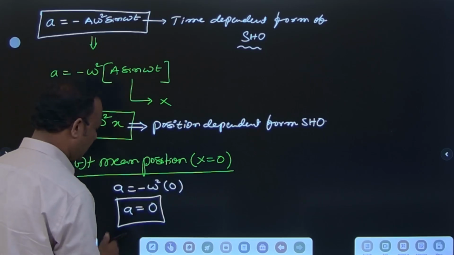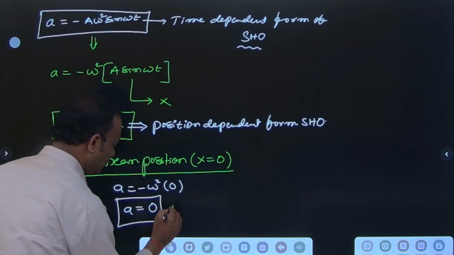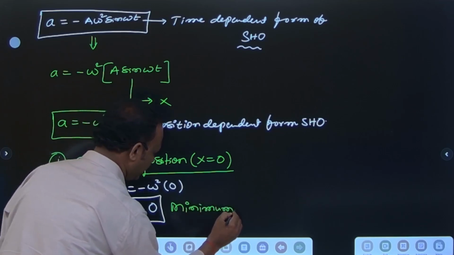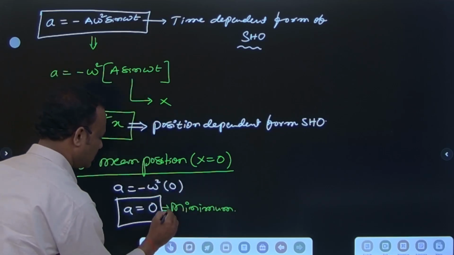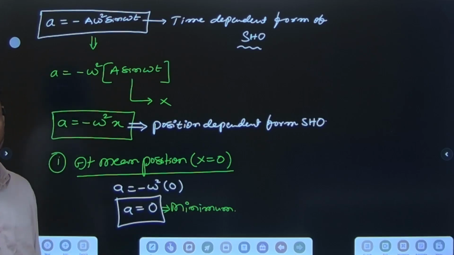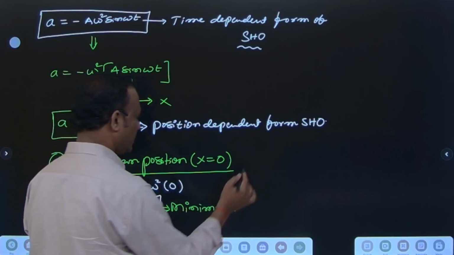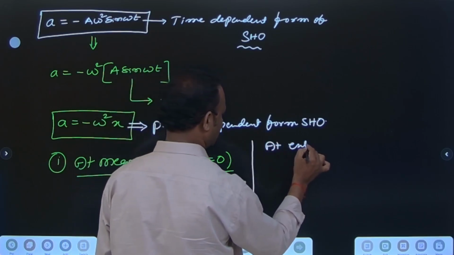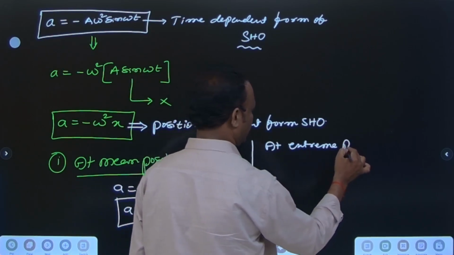At mean position, is acceleration maximum or minimum? It's a minimum. So acceleration is minimum. What is that minimum? It's 0. Next, I am talking about extreme position.